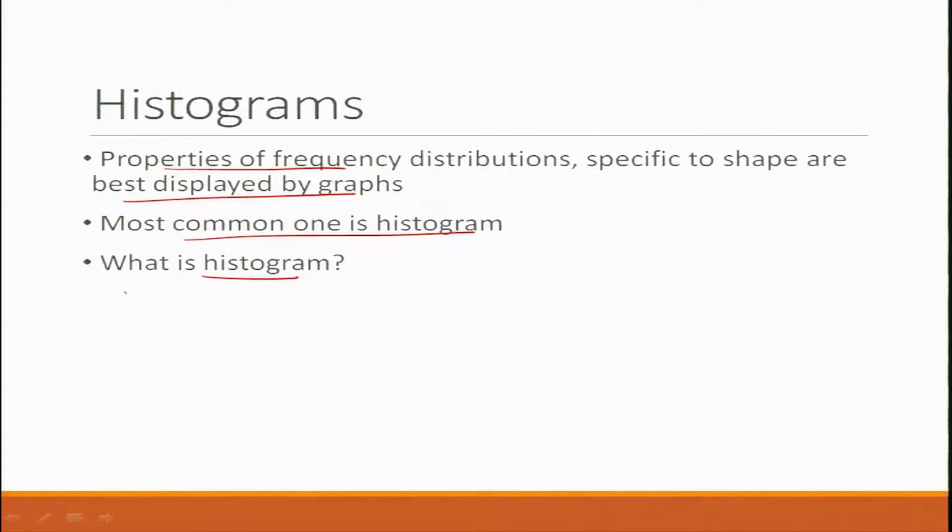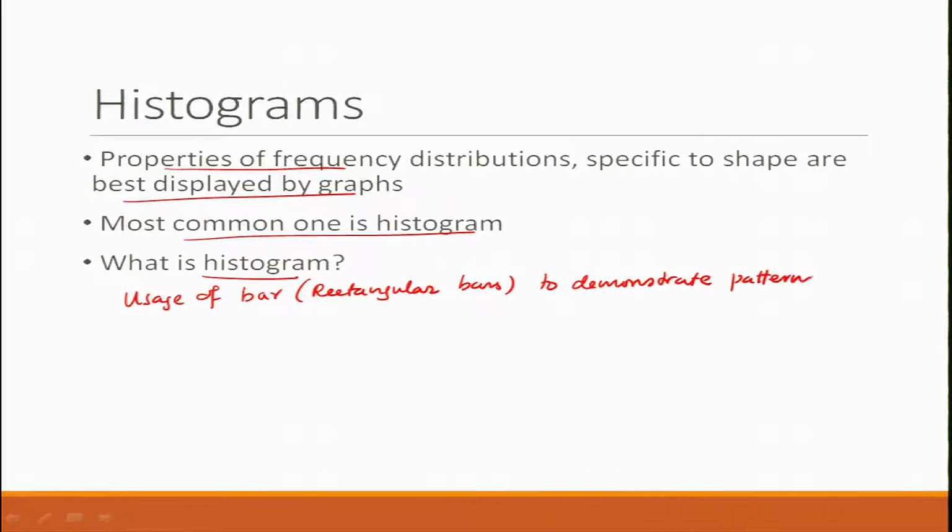A histogram is the usage of bars or rectangular bars to demonstrate patterns in the frequency distribution.